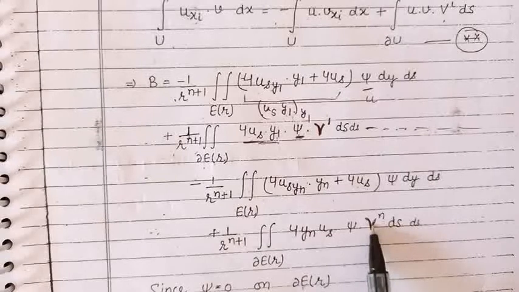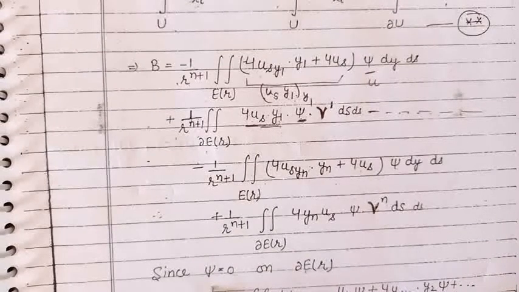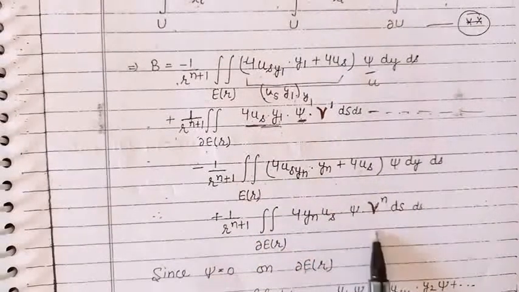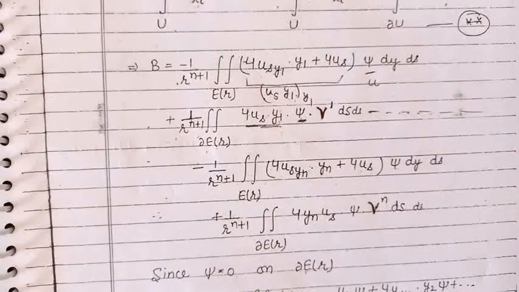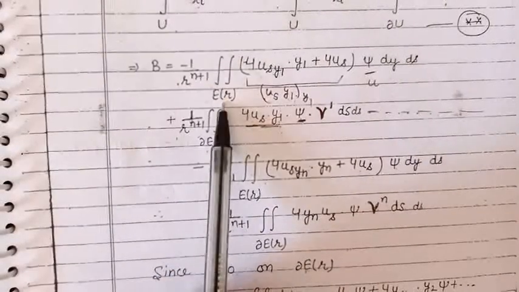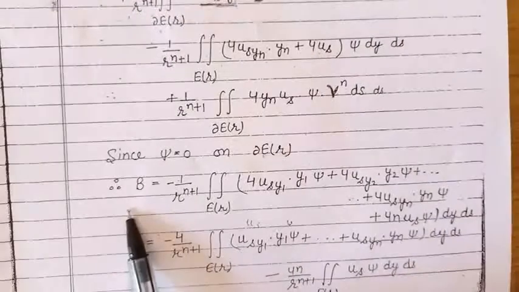Now we have already discussed that on the boundary of this heat ball the value of function psi is 0. So in all these integrals the terms corresponding to the boundary will become 0. So finally we are left with the integrals over the ball only. So finally we have obtained the value of b.